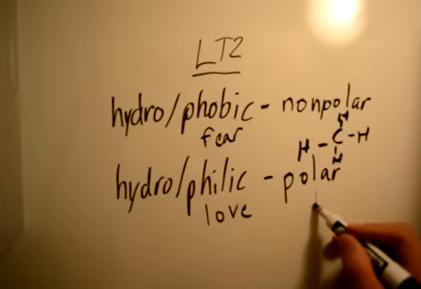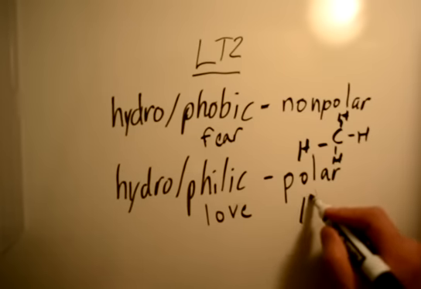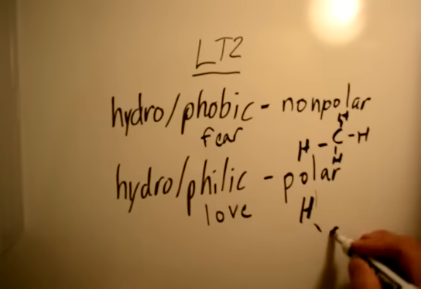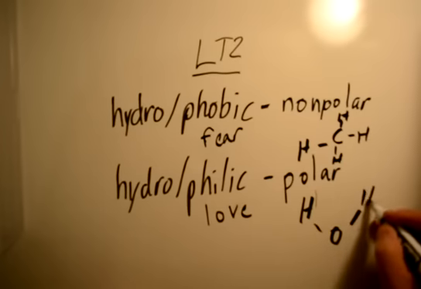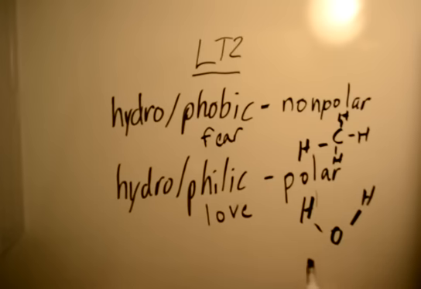Now for a polar molecule, let's say for instance we have water. Oxygen is very, very large compared to hydrogen. So if oxygen is very, very large compared to hydrogen, it's going to pull more on the electrons than hydrogen does. Because remember, this is going to be a covalent bond.